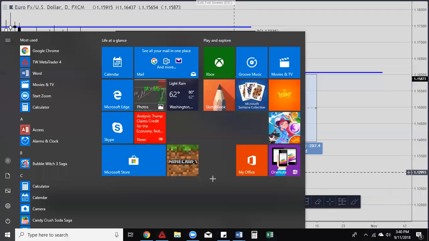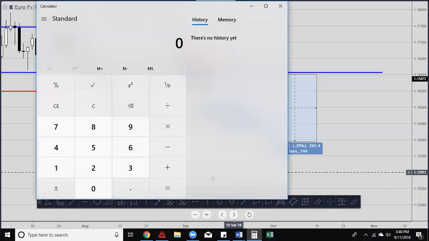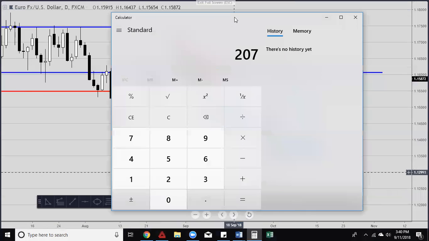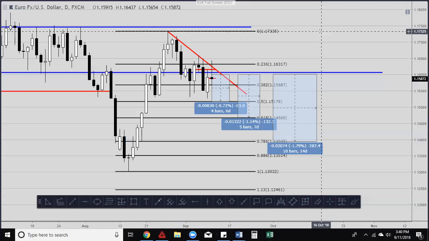So again, swing trades can give you a large amount of pips if you understand patience and holding through all the bumps and just letting it ride out. So that's 207 plus 132 plus 83. That's 400 pips. Major pips.